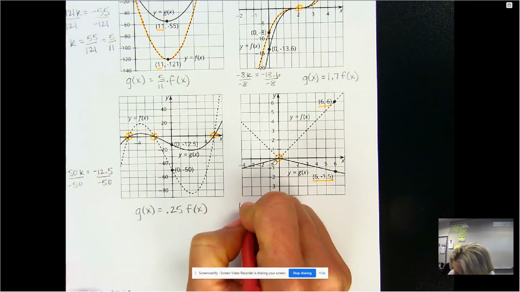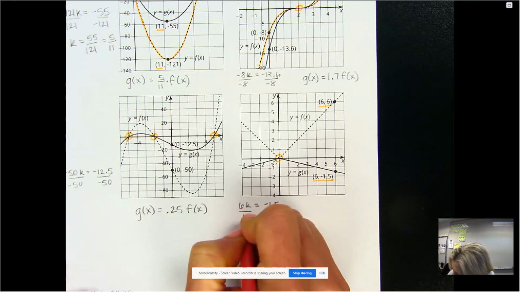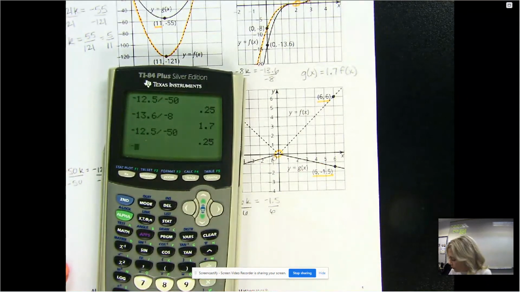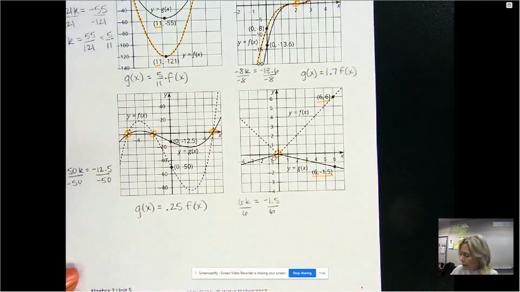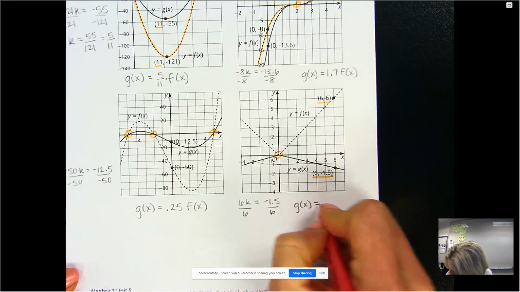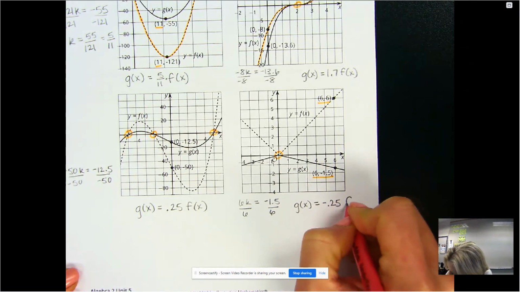So 6k is equal to negative 1.5. So divide by 6. Negative 1.5 divided by 6 is negative 0.25. All right, so this time g of x is equal to negative 0.25 f of x.